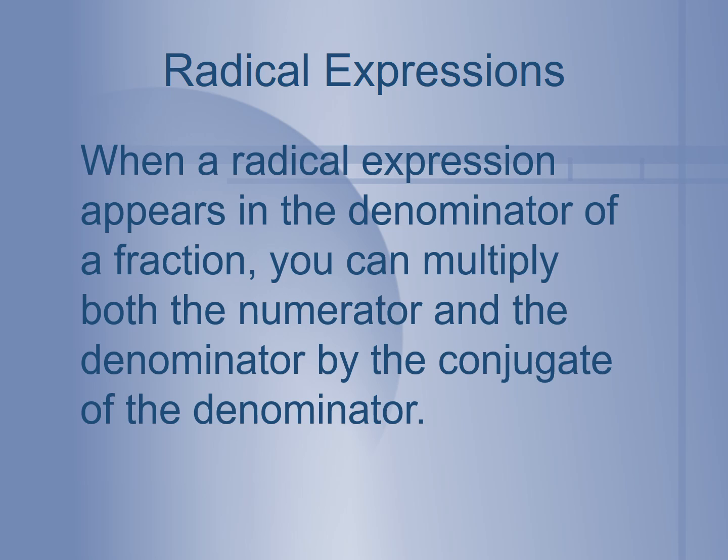If you're remembering, to rationalize the denominator by multiplying by the radical, we can do that if it's just that radical term by itself. But when you have more than one term that has radicals in it, you have to multiply by the conjugate. Not just the radical, but the conjugate of the denominator.